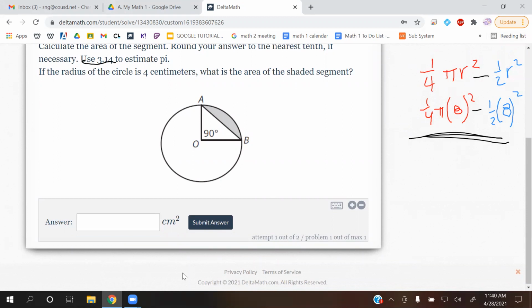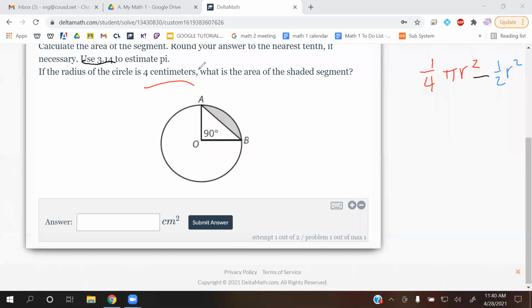So then let me erase some of this stuff because this was the other problem. So using that formula, once again, let's read the problem. If the radius of the circle is 4 centimeters, what is the area of the shaded segment? So it's the same exact picture. We're just telling you that it has a different radius this time. So the radius is 4 centimeters.